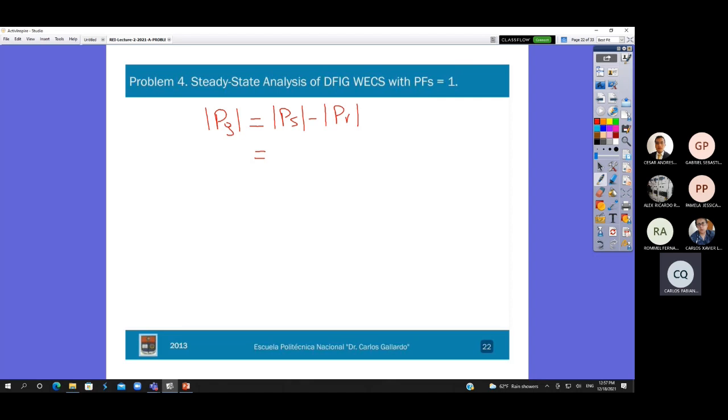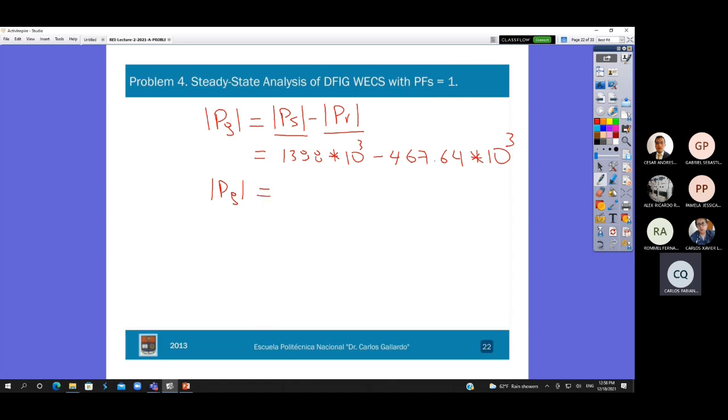Therefore, the net power delivered to the grid is 1398 times 10 to the power of 3, minus 467.64 times 10 to the power of 3. This is the magnitude, this is positive.